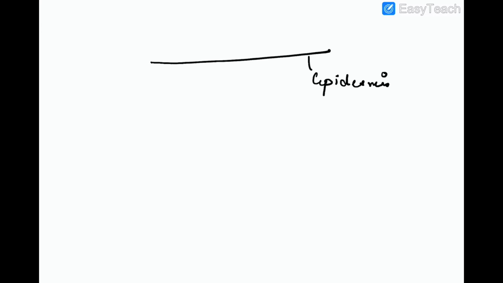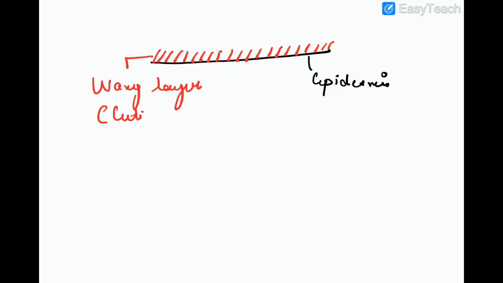If this is a layer of epidermis, sometimes outside the epidermis there is the presence of a waxy layer. This waxy layer is the cuticle, and it prevents water loss.